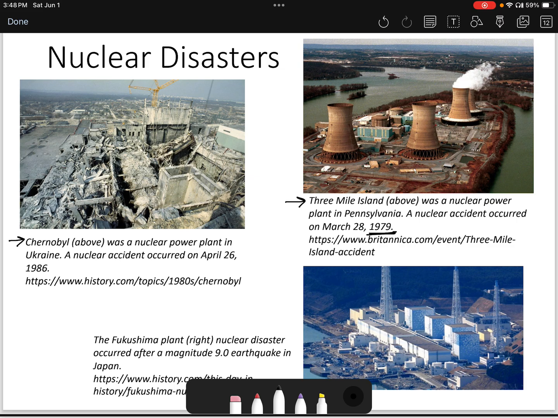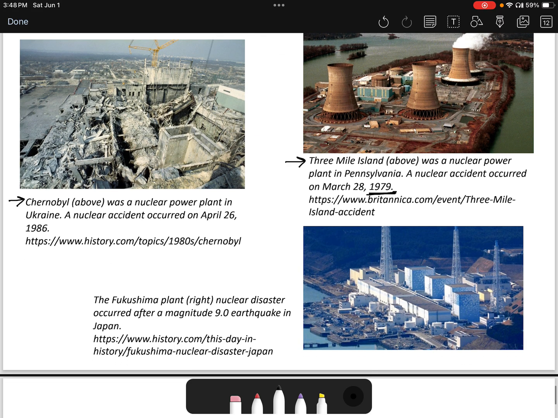More recently, a plant in Japan, the Fukushima plant, had a disaster after a magnitude 9 earthquake. So that one was understandable, right? Now, that one was actually not so bad because everything shut down properly when the earthquake occurred.